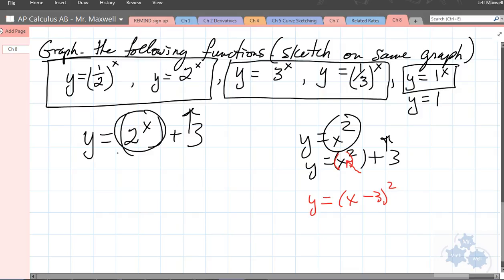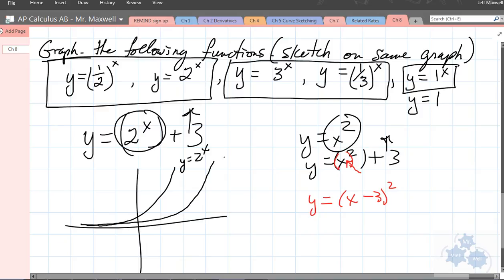And go ahead and confirm that with your calculator. So what I'm asking is, let's move this y equals 2 to the power of x. I want that moved over like this, 3 units to the right. I want you guys to find out what this equation is. So go ahead and take a minute to test that out.